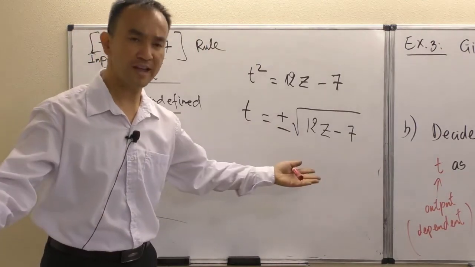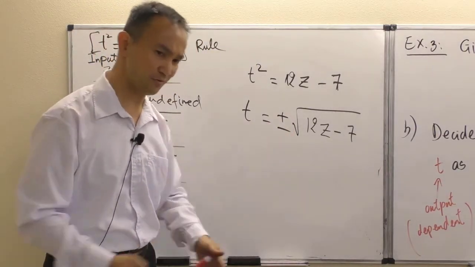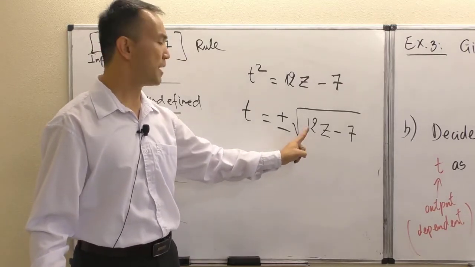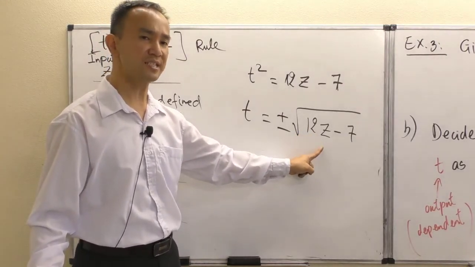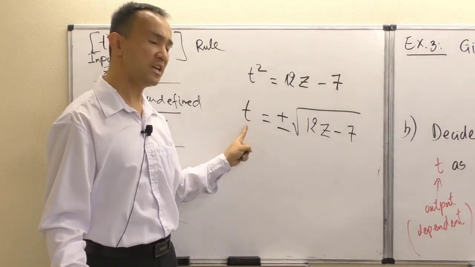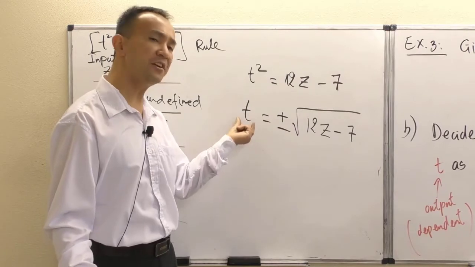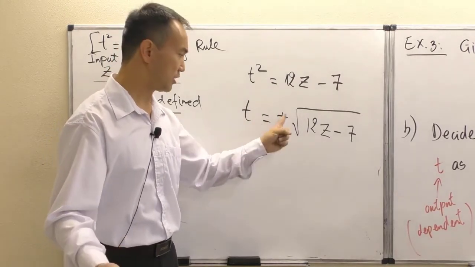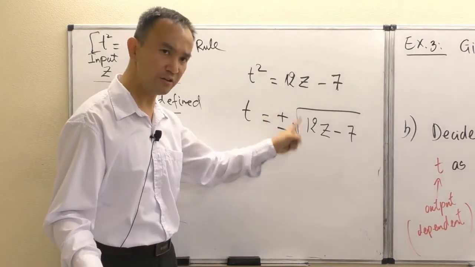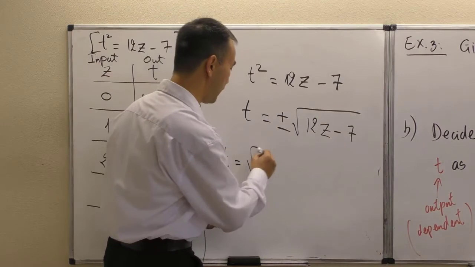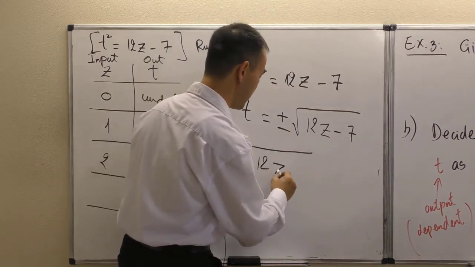So now it makes it clear here. We can't run away from it. We can't hide away from this truth. No matter what arbitrary value z is at for the input, for the t variable we will always run into 2 outputs. How do I know that? Because there are 2 expressions. On one hand, t equals the positive square root of 12z minus 7.